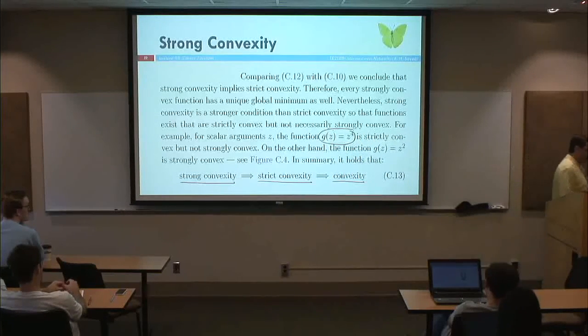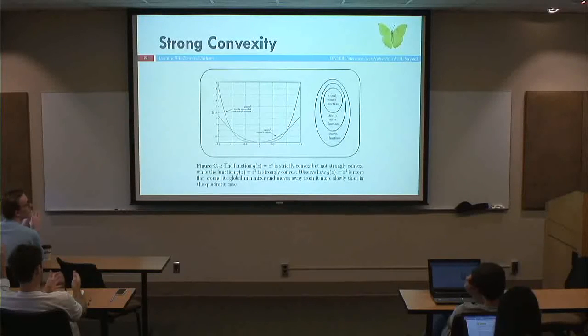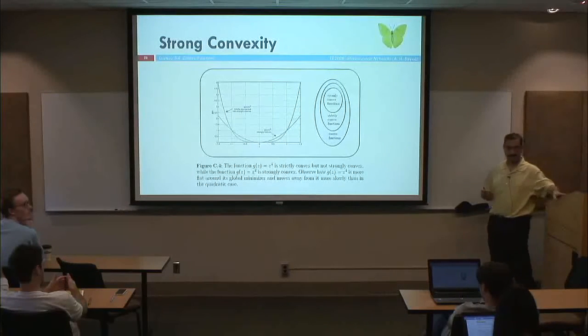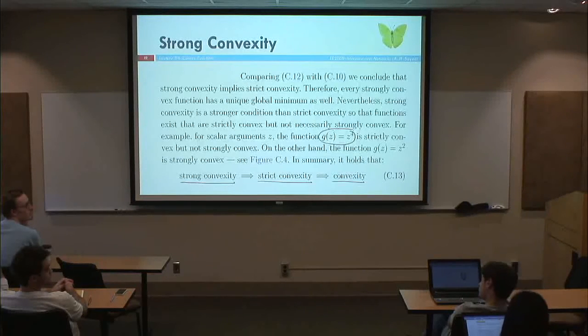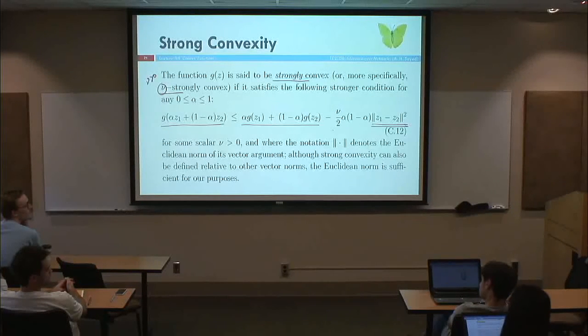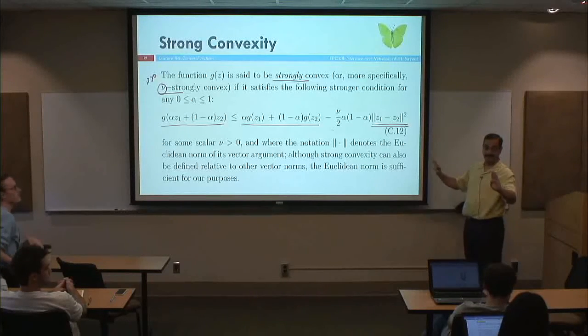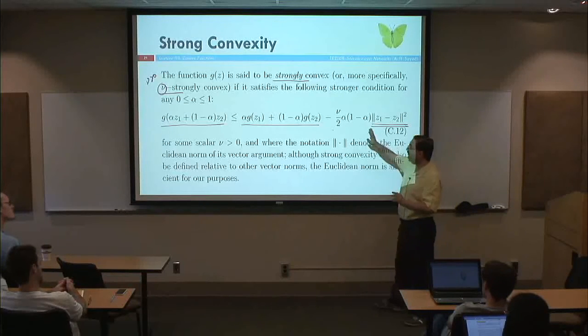Now, let's look at a plot. Yes, for the first order condition for strong convexity, you have the parameter alpha, but if you evaluate the Hessian, the second order condition, the alpha disappears. These are two different things. This is just a definition of convexity.